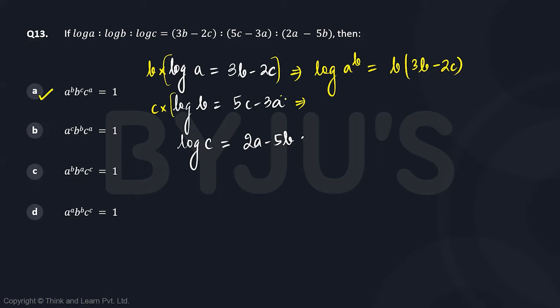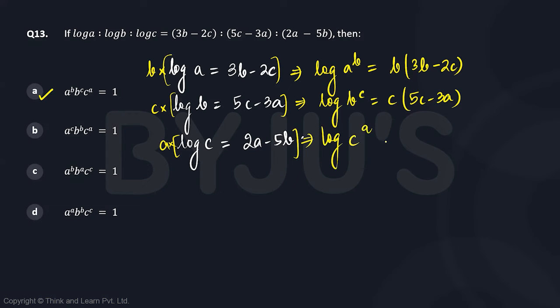Not only the LHS. So we will have log of B to the power C is equal to C into 5C minus 3A. And similarly, if I multiply the third equation with A, I will have log C to the power A is going to be CA times 2A minus 5B.